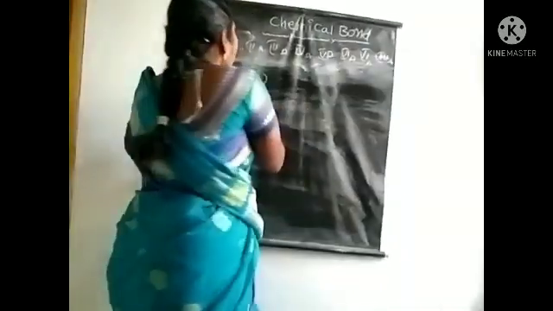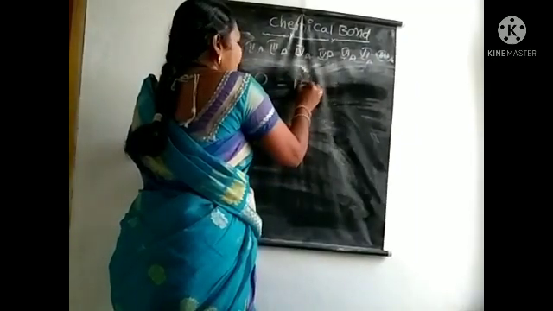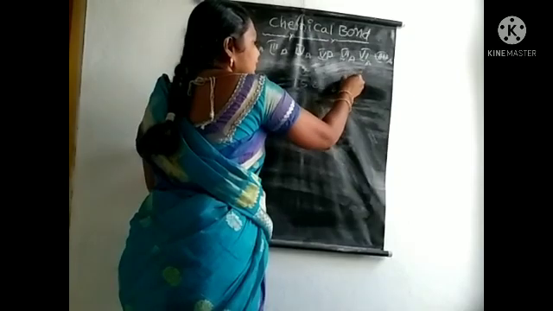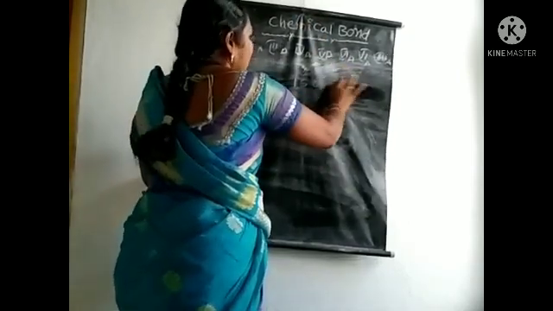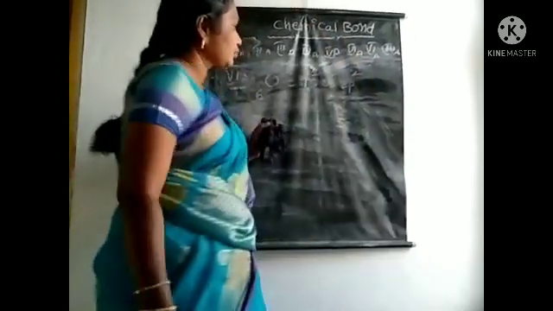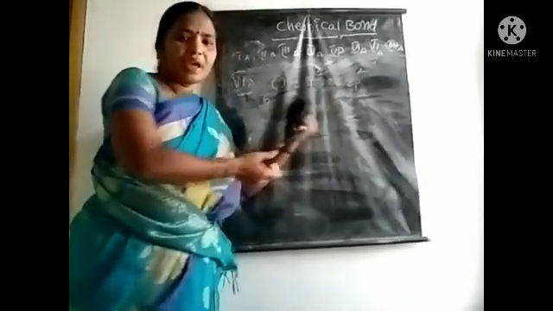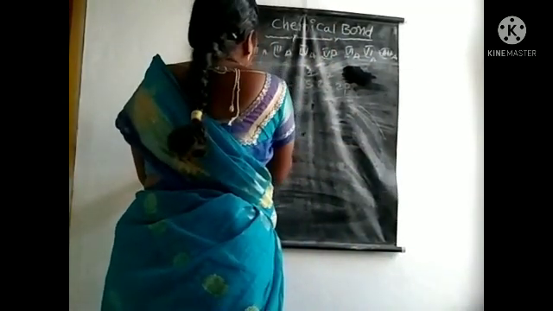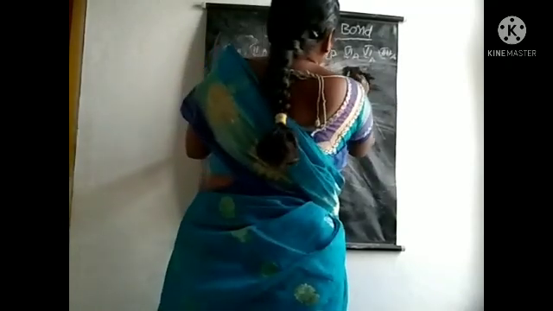Oxygen: its electronic configuration is 1s2, 2s2, 2p4, that is 2, 6.